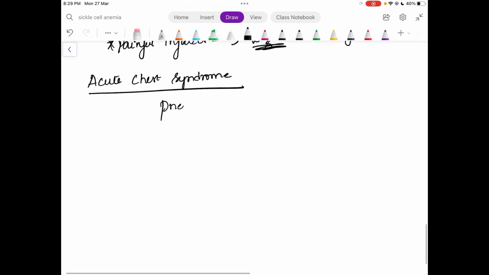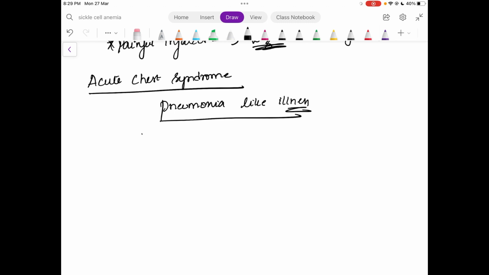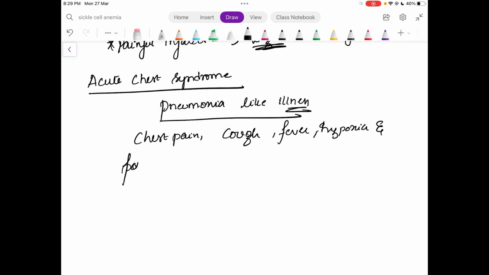It will be like a pneumonia-like illness. So the patient will have chest pain, cough, fever, hypoxia, and pulmonary infiltrates on chest X-ray.